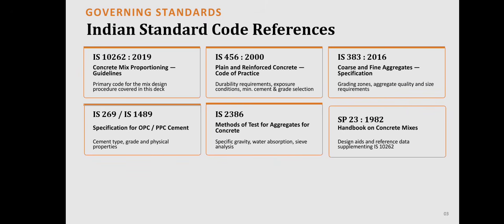IS 269 and IS 1489 give specifications for OPC and PPC cement. IS 2386 details the test methodologies to be followed for aggregates used in concrete. SP 23/1982 is a handbook on concrete mixes.